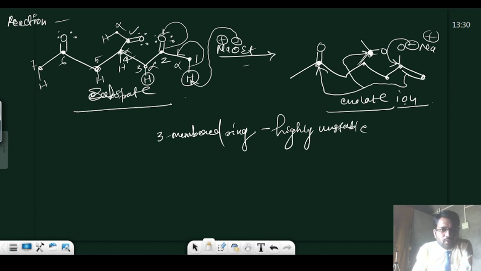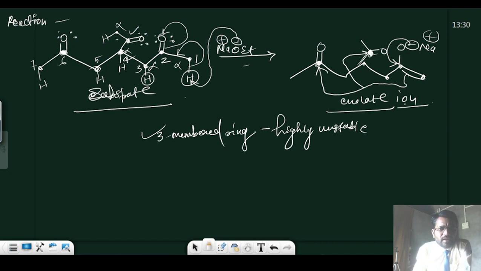If it abstracts a proton from this side, the attack may take place on either carbonyl site. Both are symmetrical in nature, so out of the two carbonyls, attack will take place on one carbon. If it attacks from this carbon, again there is a possibility of a 3-membered ring, which is highly unstable.